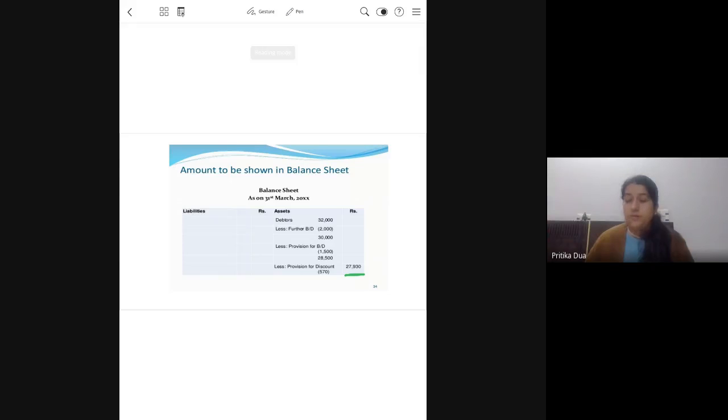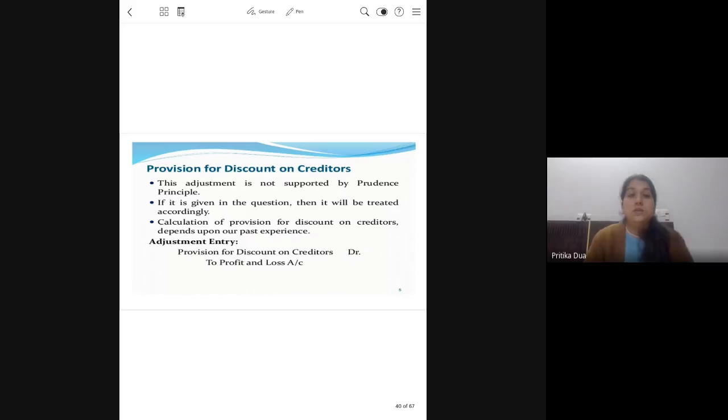Okay, so we move to the next adjustment, like the business gives discount to the debtors on settlement of the debt due. Creditors might also give some discount to us. Creditors वो लोग होते हैं जिनको आपके बिजनेस ने पैसा पे करना होता है.